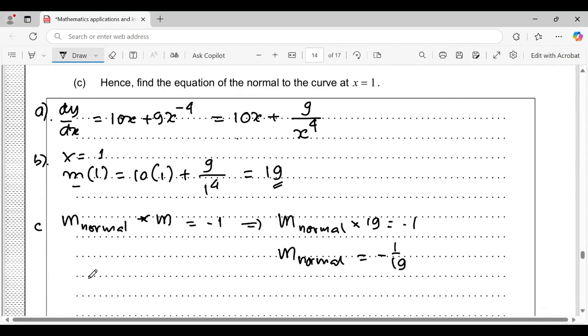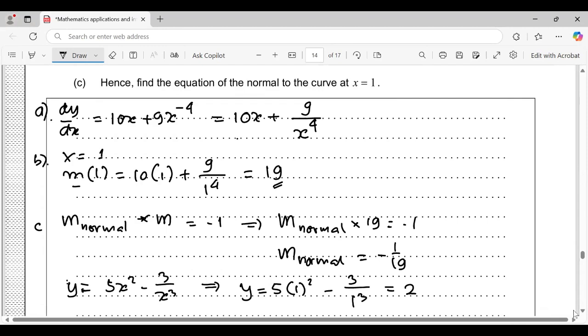And we need to find y. To find y, just substitute x equals 1 into y. So y equals 5 times 1 squared minus 3 over 1 cubed, and it equals 2.